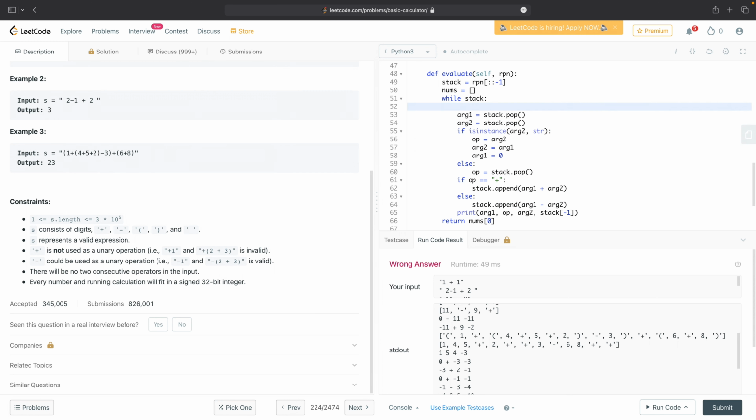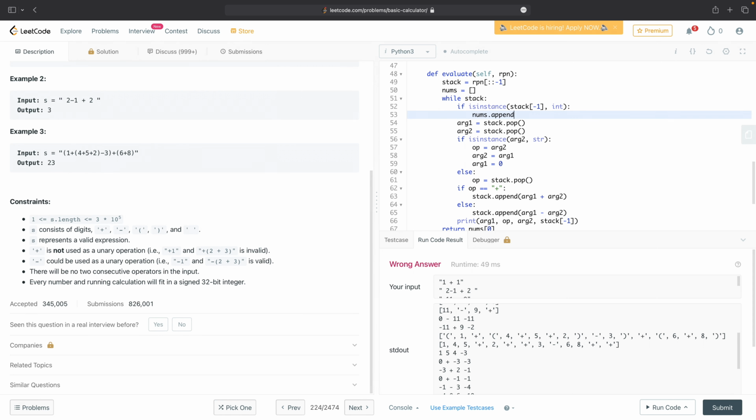What I want to do is: if isinstance stack -1 int, nums.append stack.pop.